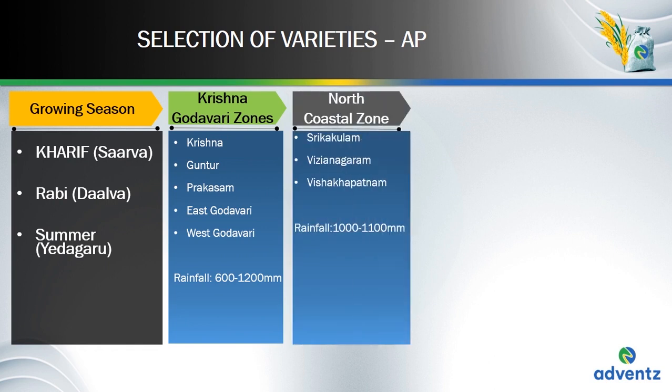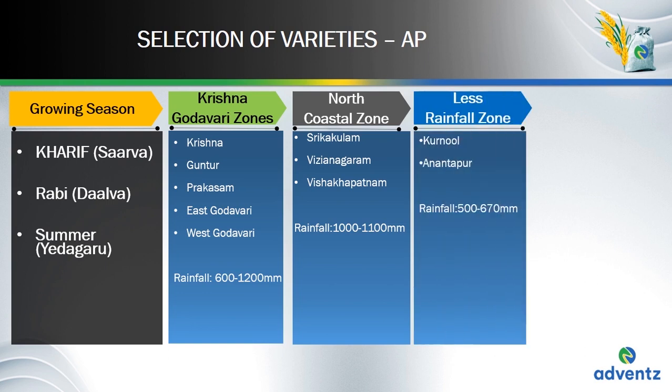The third zone in Andhra Pradesh is called North Coastal Zone, which constitutes Srikakulam, Vizianagaram and Vishakhapatnam. The normal rainfall for this area ranges from 1000 to 1100 mm. The fourth area in Andhra Pradesh is called the less rainfall zone, which constitutes Kurnool and Anantapur.